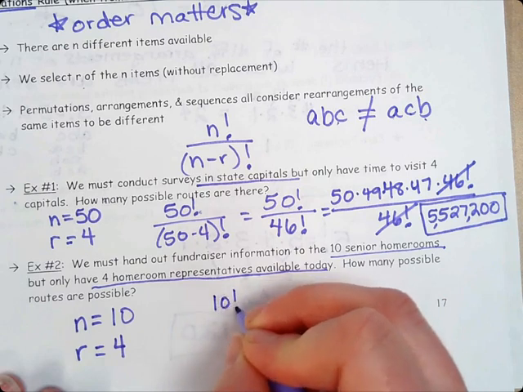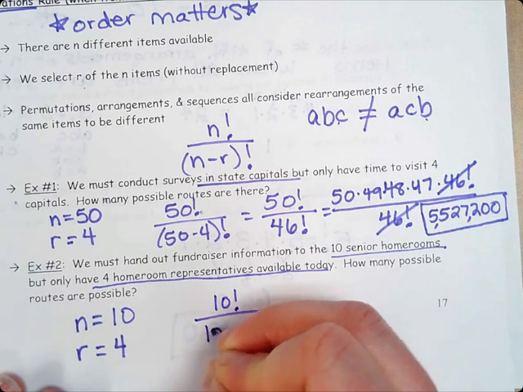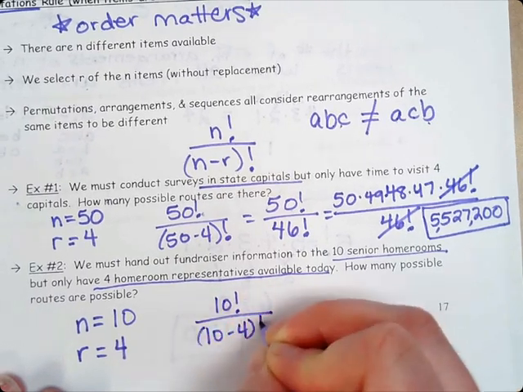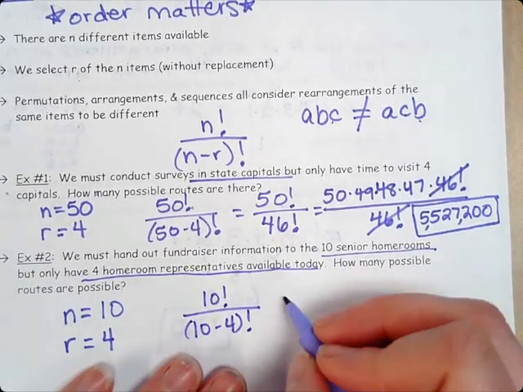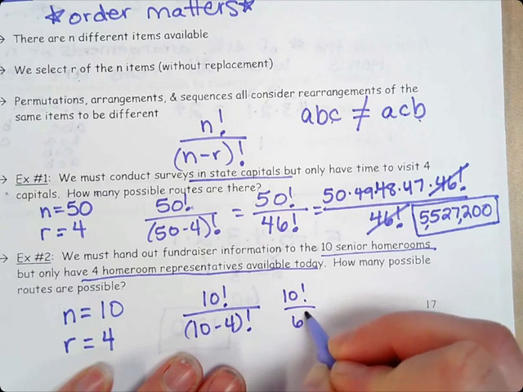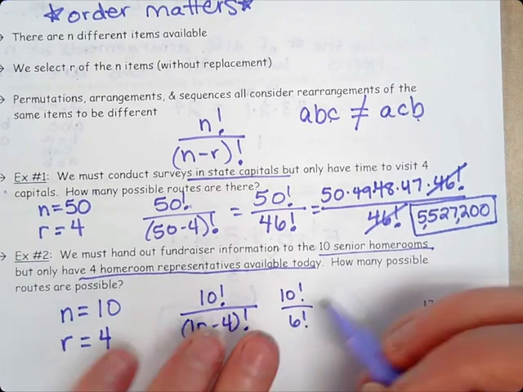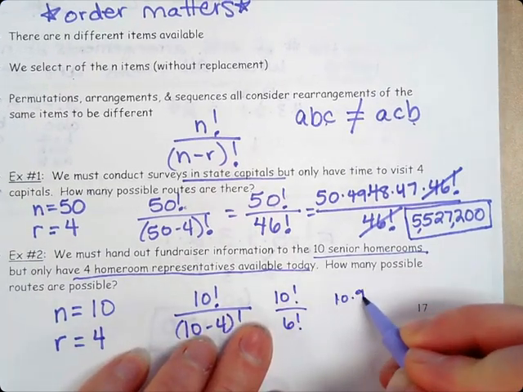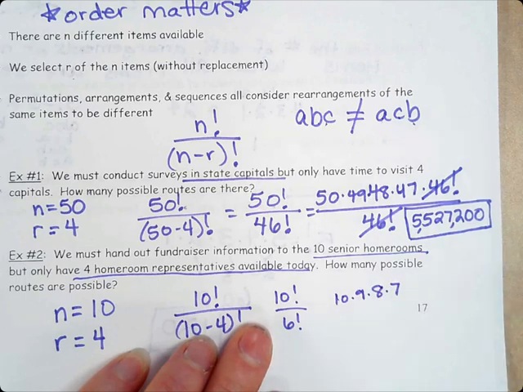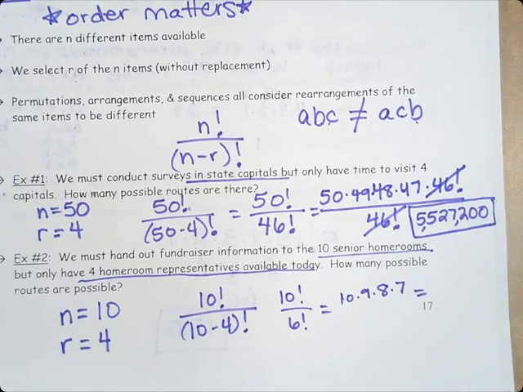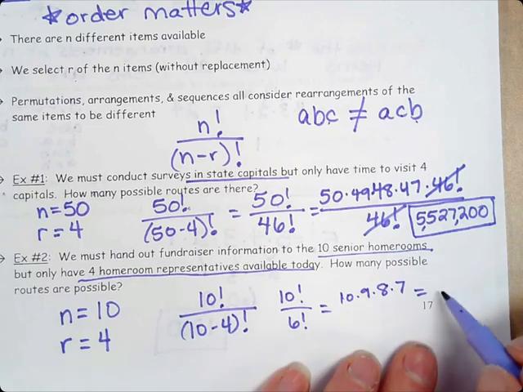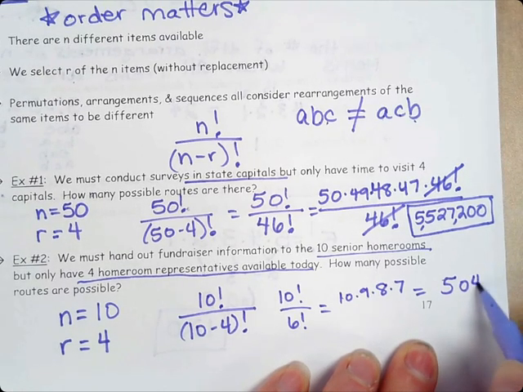So 10 factorial over 10 minus 4 factorial. So 10 factorial over 6 factorial. Or you can subtract these and do 10 times 9 times 8 times 7. And that'll equal the same thing, which is 5,040.